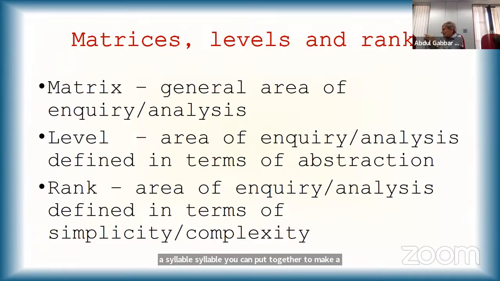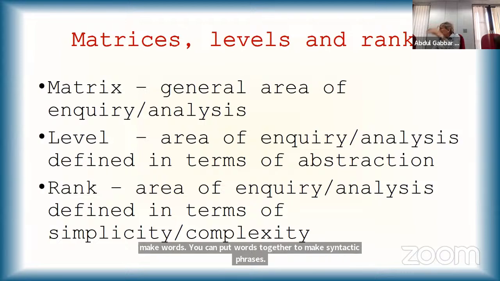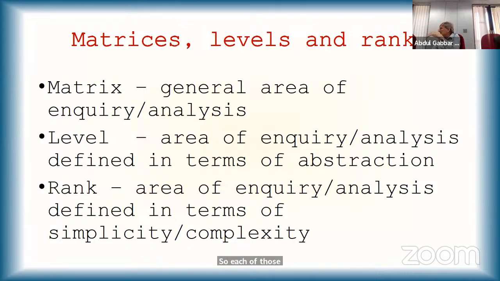In grammar, you can start off with the smallest unit, a morpheme. You can put morphemes together to make words. You can put words together to make syntactic phrases. So each of those degrees is a rank. And you're not making things more abstract, you're simply making things more complex. You're starting with simple things, combining them to make more complex things.